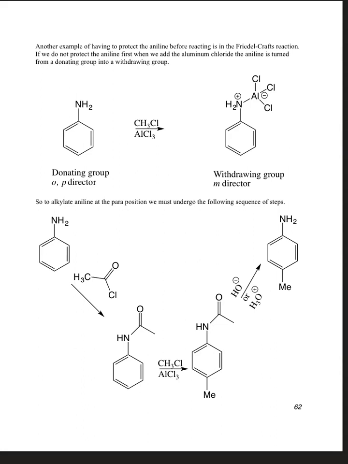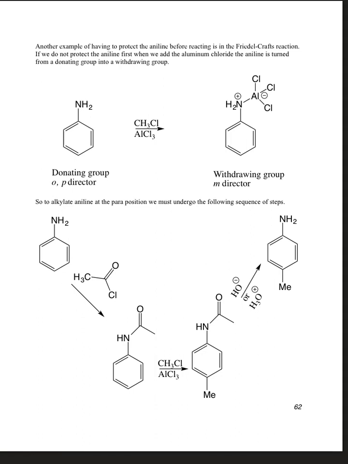So another thing about aniline in general is we know aniline is an ortho/para director, but depending on what type of reaction we do to it, we can make it a withdrawing group also.